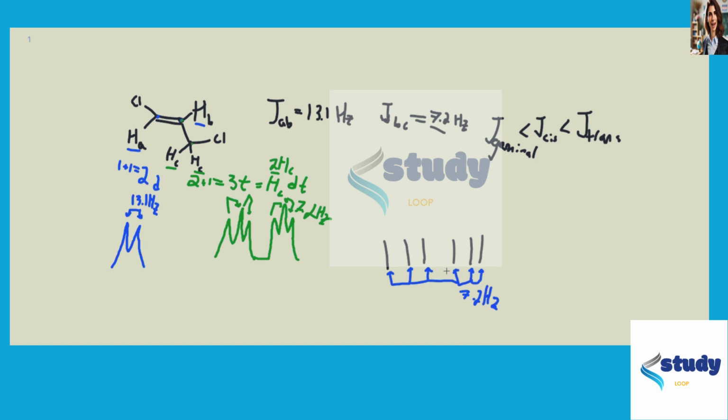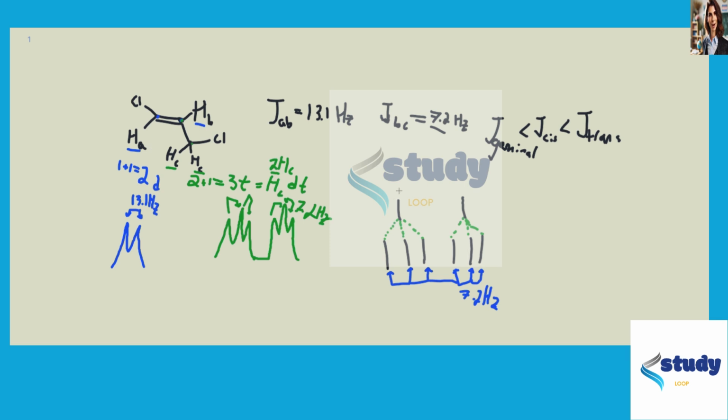Now, what do these peaks add up to? If I add all of these, we see that they would all give rise to one peak here and one peak here. So this will give us our doublet peak for HA.